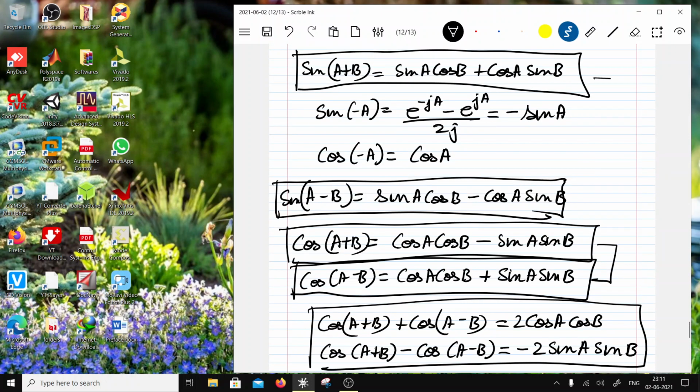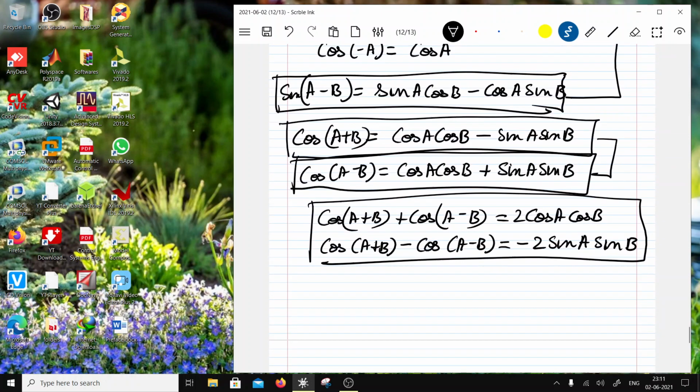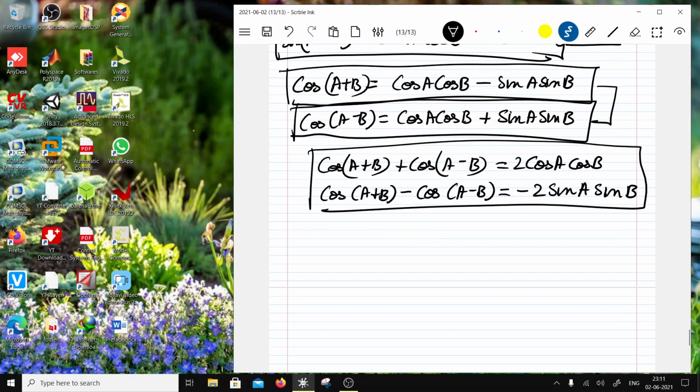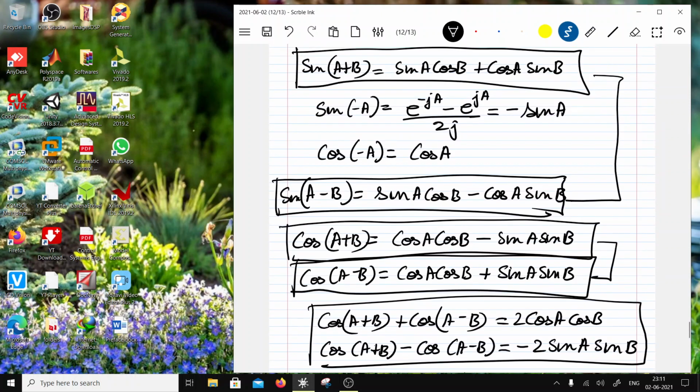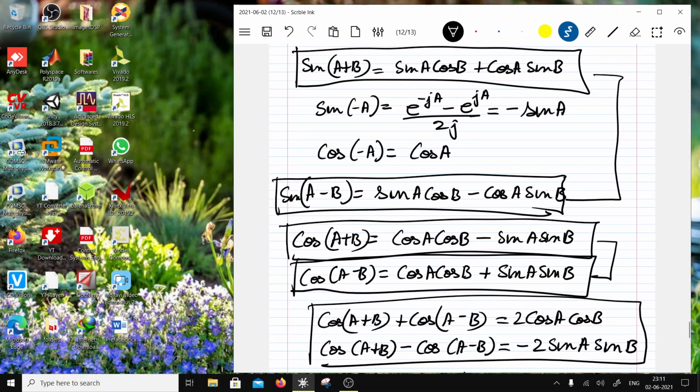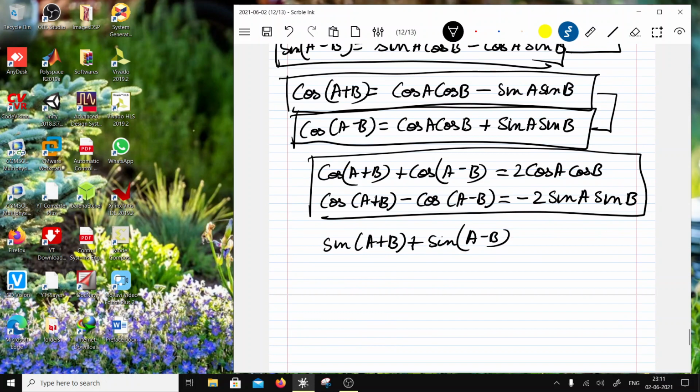And then the top two, if I combine, then I would have sine of a plus b plus sine of a minus b. So what do we have? I would have twice of sine a cos b. Cos of a plus b plus cos of a minus b is twice of cos a cos b.